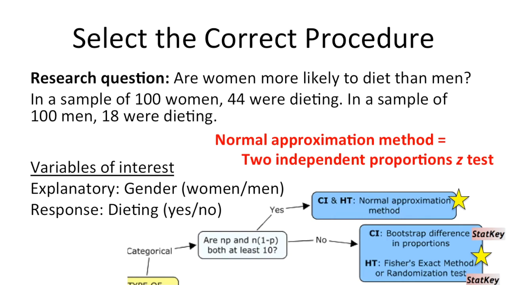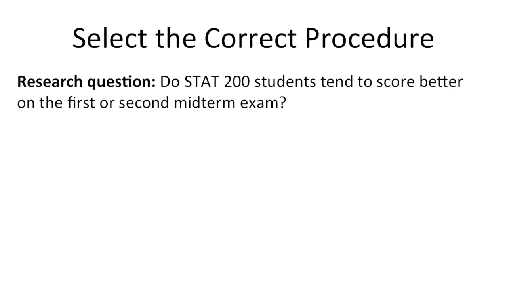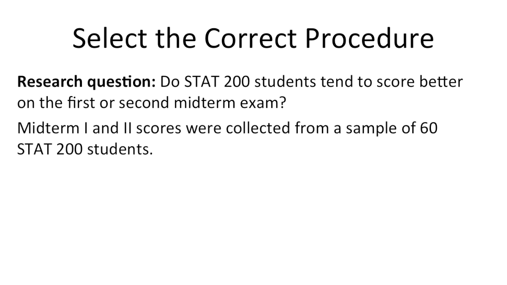Let's look at another example. Do Stat 200 students tend to score better on the first or second midterm exam? Midterm 1 and 2 scores were collected from a sample of 60 Stat 200 students. First, let's identify our sample and variables.